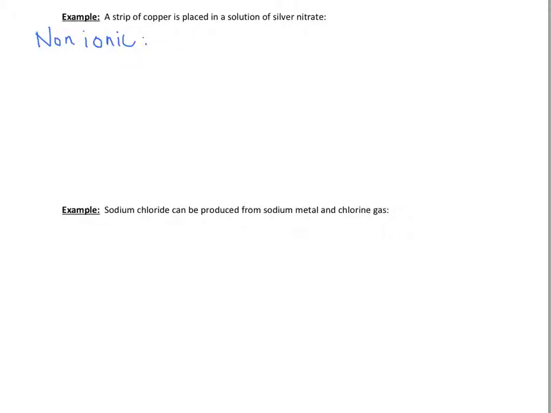We have a strip of copper. We'll represent that as Cu solid, is placed in a solution of silver, which is Ag+, and nitrate, which on the back of the periodic table is NO3-.